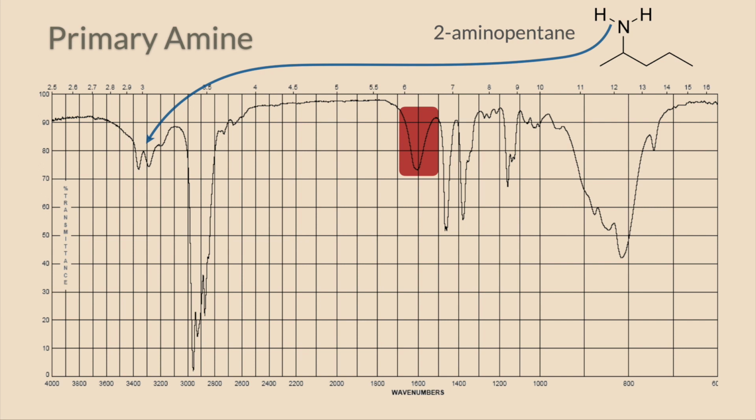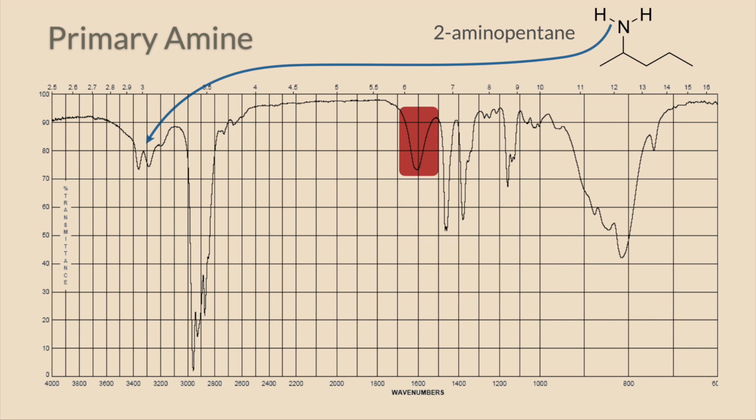Sometimes, but this is not very diagnostic, in the region of 780 to 820 wave number, around this region, these are called wag bands due to the wagging of the NH2 group.